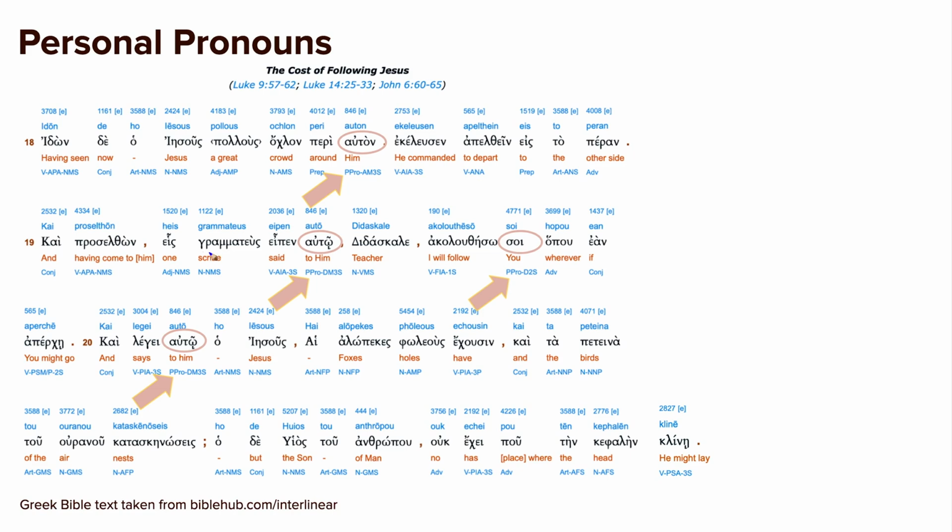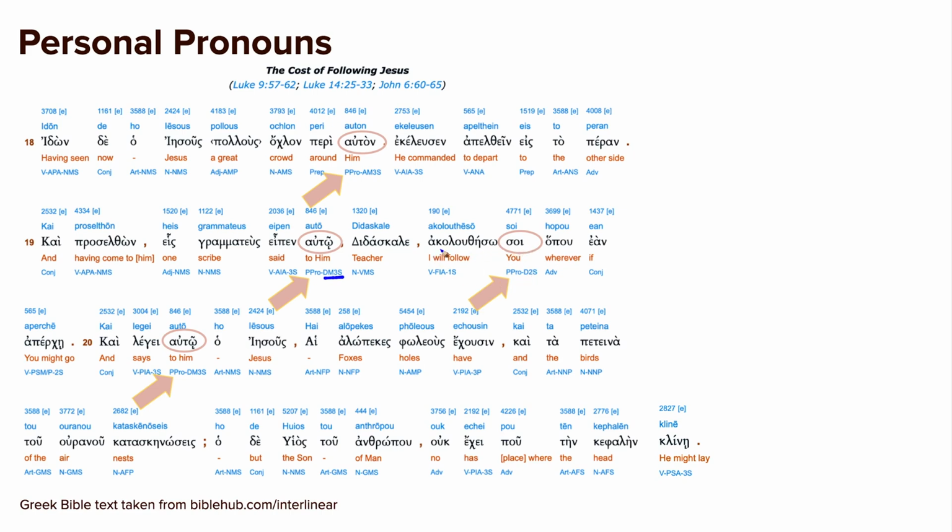All right, and then down here, and having come to him, one scribe said to him, εἶπεν αὐτῷ. And here, to or for is generally the dative use. So that's αὐτῷ, αὐτῷ. This little thing is the iota subscript, and remember this is a circumflex accent. And then you, I will follow, ἀκολουθήσω σοι.